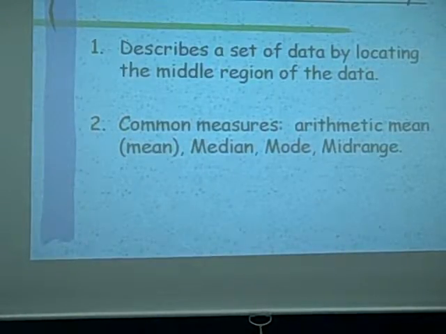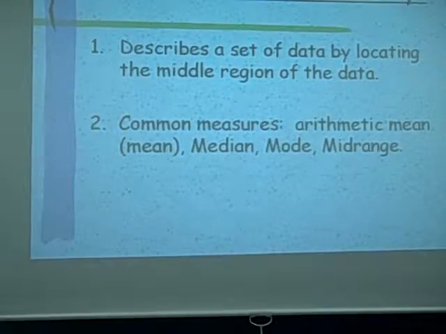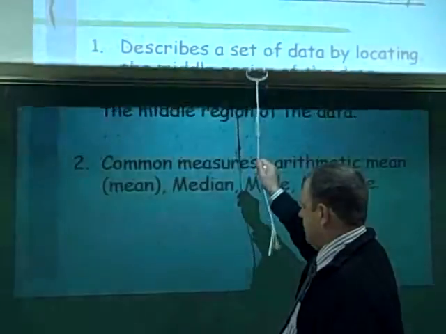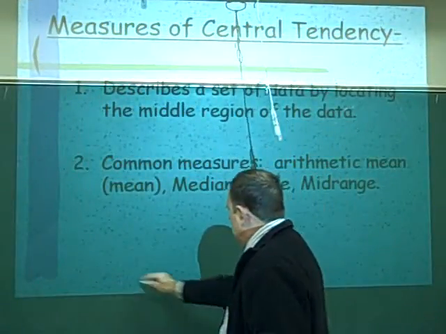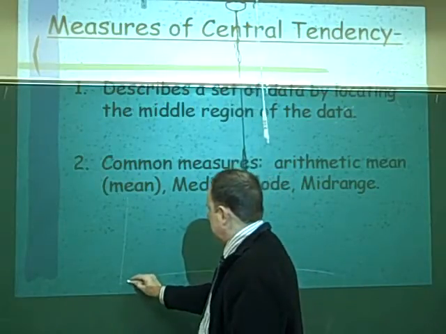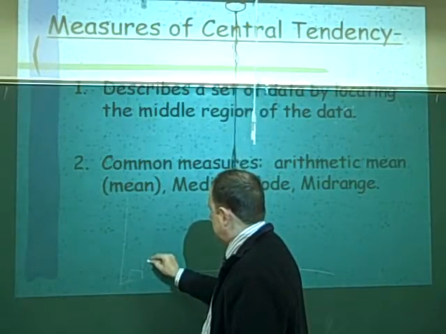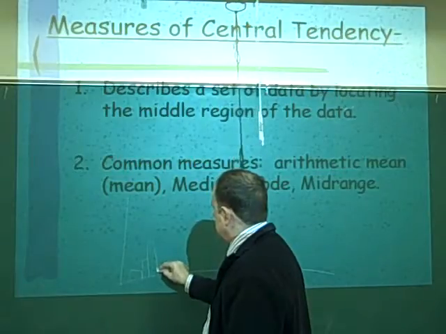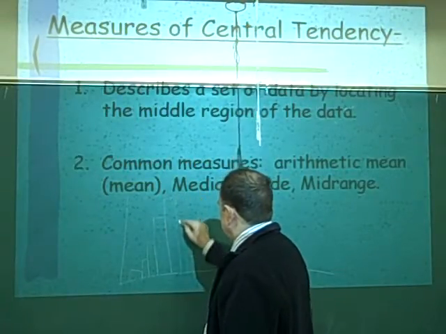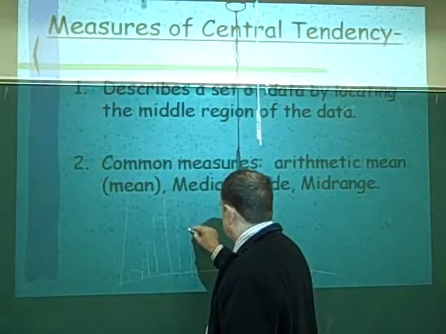For example, in our frequency distribution, you're going to see some data. It's going to come up like this, and it's going to get bigger and bigger, and then bigger still, and then it's going to start to taper off.